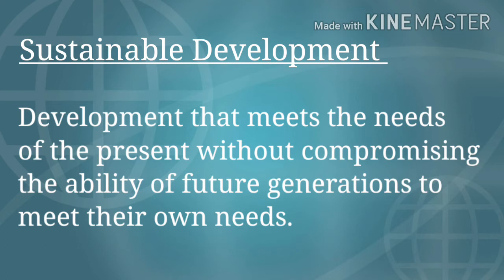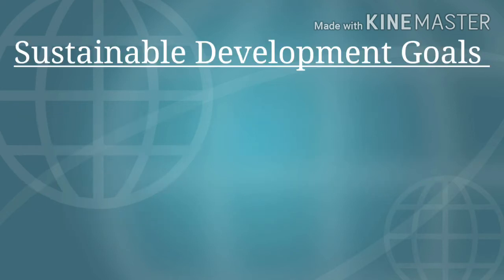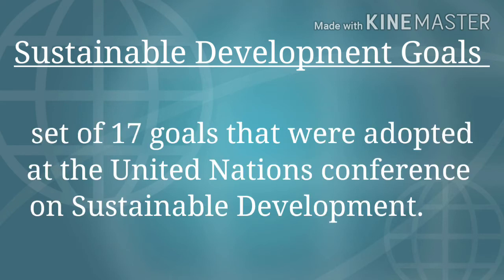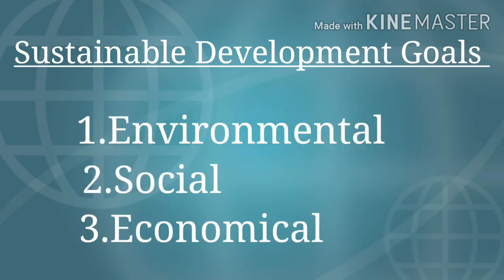Okay, children? Now, let's start with SDGs, that is Sustainable Development Goals. It is a set of 17 goals which were adopted to meet the urgent challenges of the world, which include three categories. What are they? Environmental, social and economic.